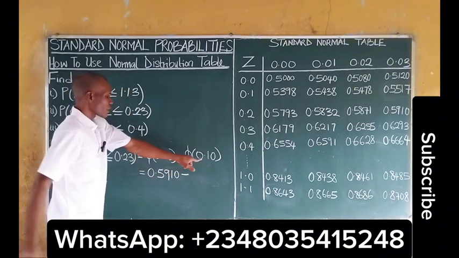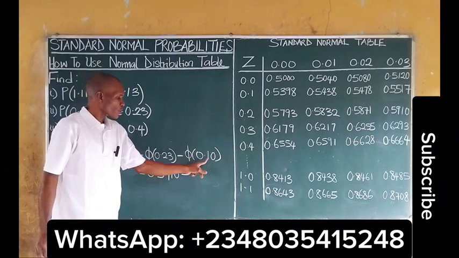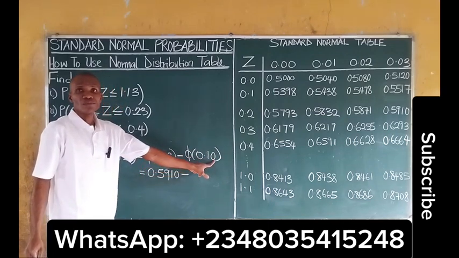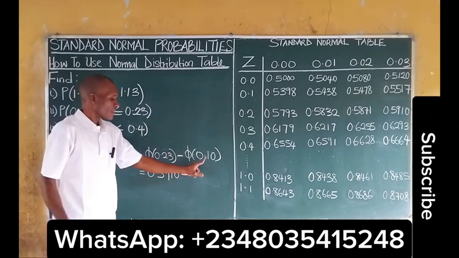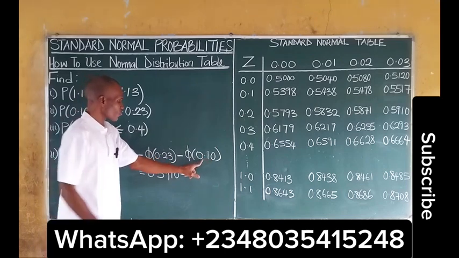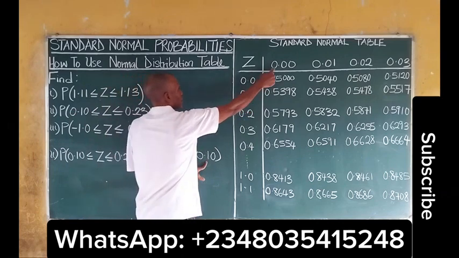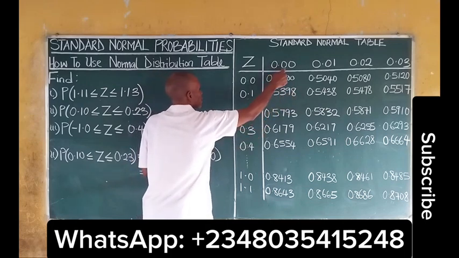0.5910 minus. Now we have this. How do we find it from the table? 0.1 under 0.00. So where is 0.1? This is 0.1, which is this value, under 0.00.